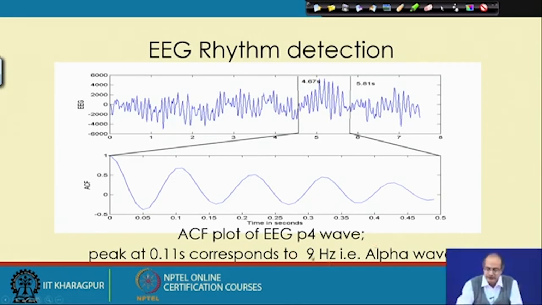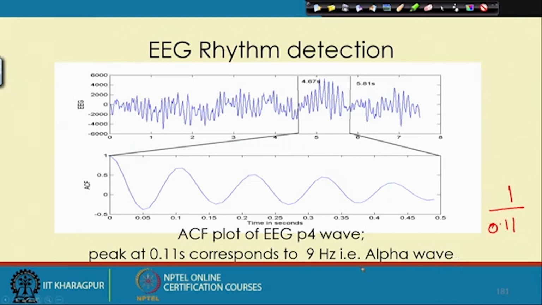The first peak was at 1.11 second, corresponding to 0.11 second. If we take the reciprocal of it, it gives us 9 hertz, and from there we could conclude that the alpha wave is there. That was the last effort we made with the time domain technique.